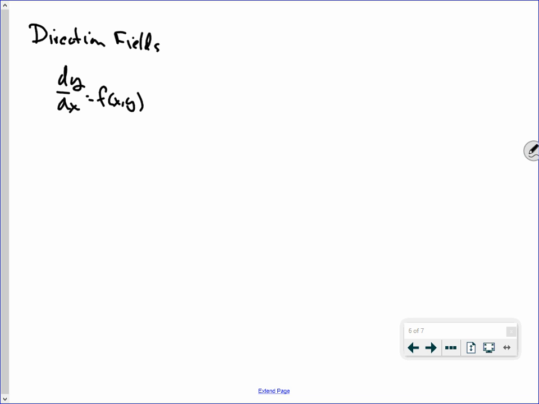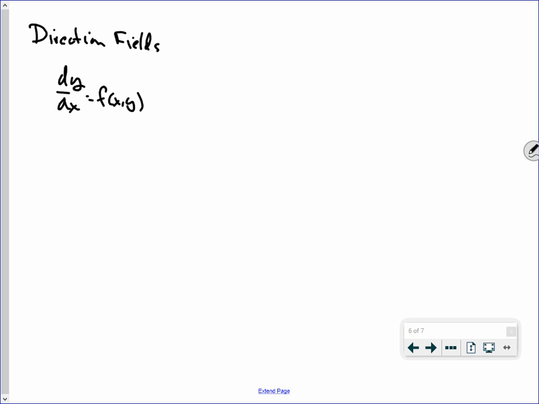Okay, what's the first thing you learn? You learn calculus. What does the derivative stand for? What does it tell you? It's the slope of the tangent line, right?